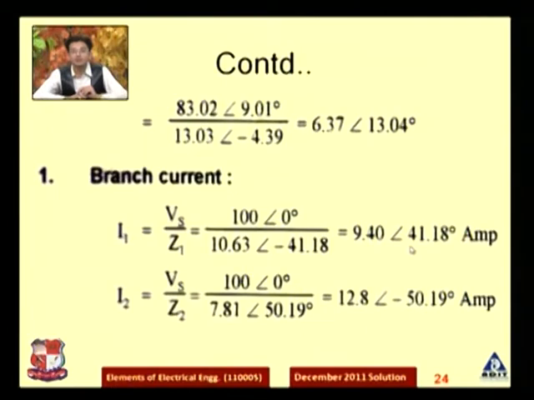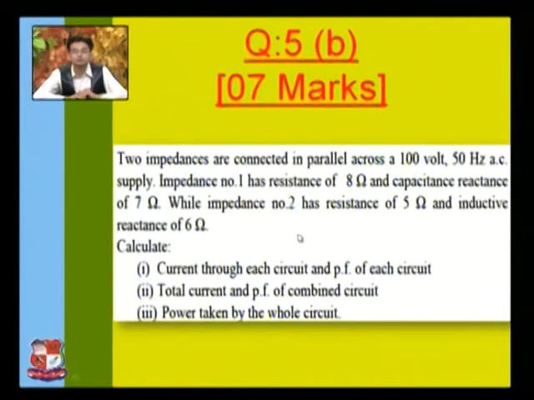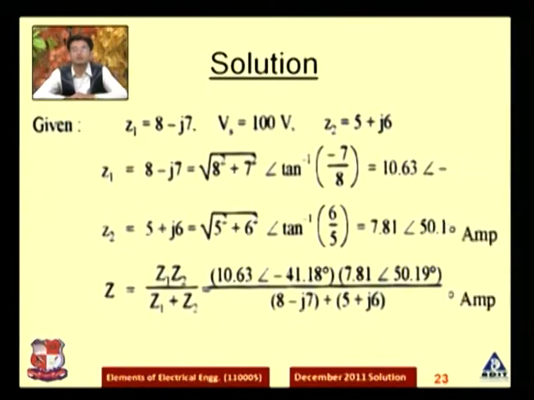See, here there is a plus sign, but if you find the current in the second circuit, what is the second circuit? See, the second circuit is Z2. In one circuit the resistance and the capacitive reactance are given, while in the second circuit the resistance and the inductive reactance are given.